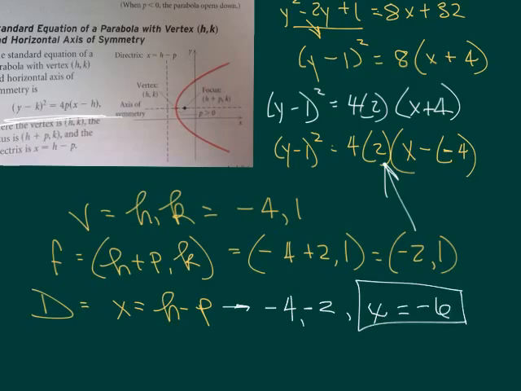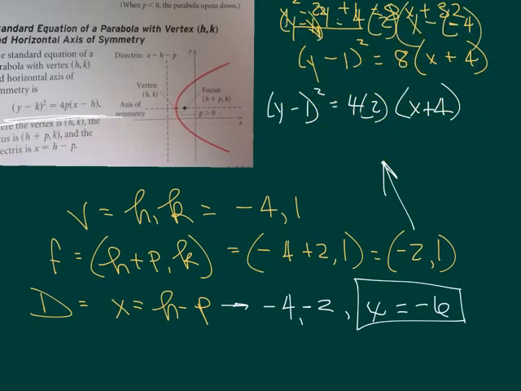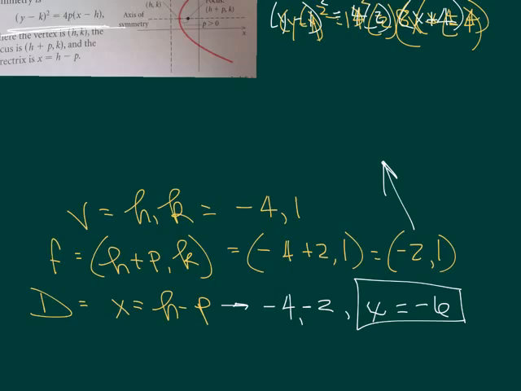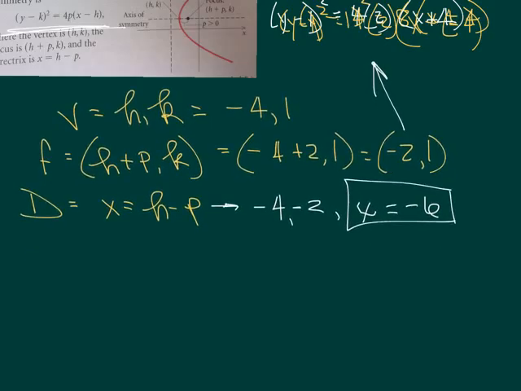So let's move some of this stuff out of here. And when I graph this, just make a real little graph. My vertex is at negative 4, 1. My focus is at negative 2, 1. And my directrix is at negative 6.